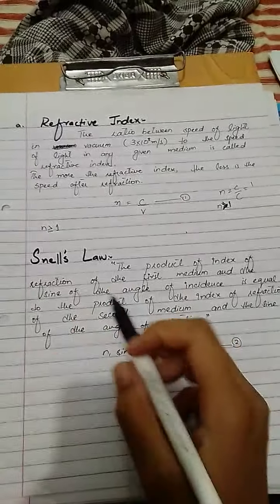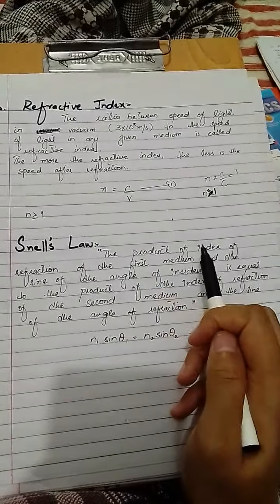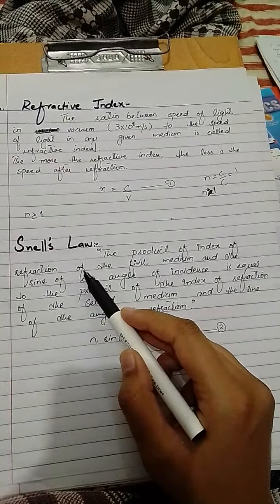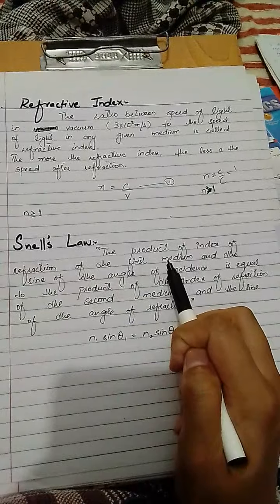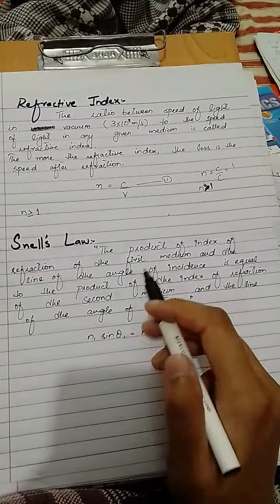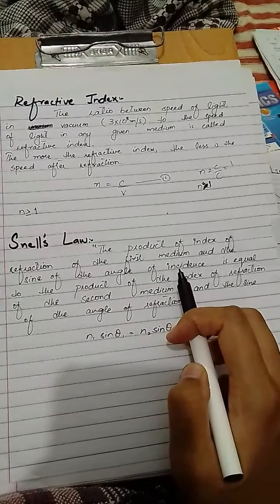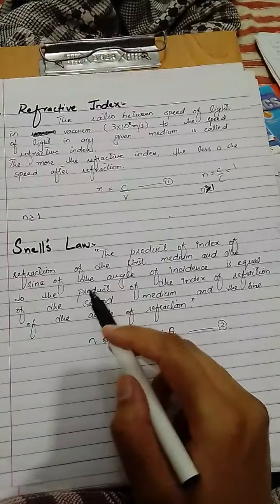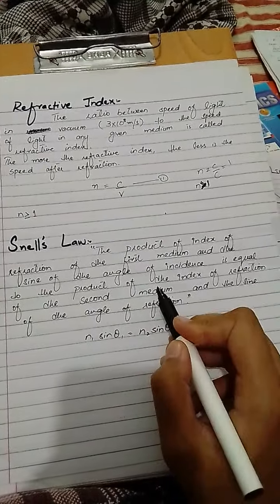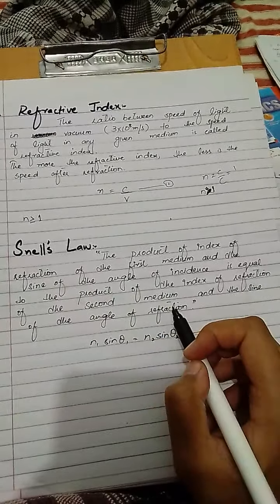Coming to the last topic, which is Snell's law, it states that the product of the index of refraction of the first medium and the sine of the angle of incidence is equal to the product of the index of refraction of the second medium and the sine of the angle of refraction.